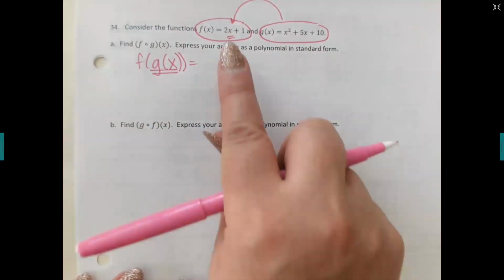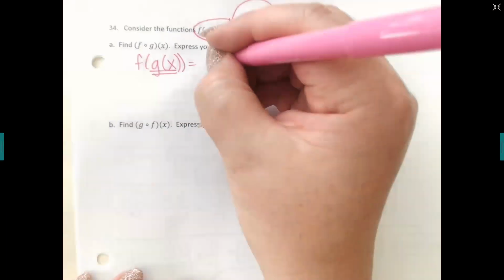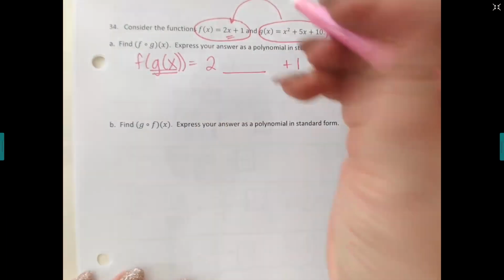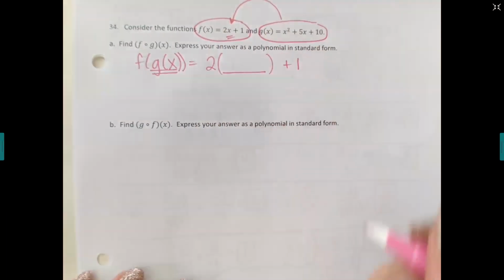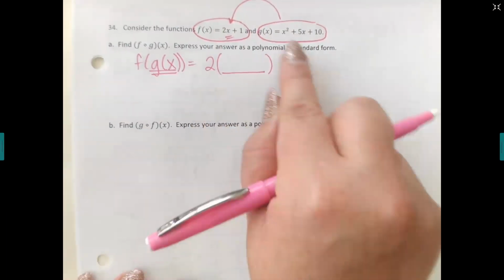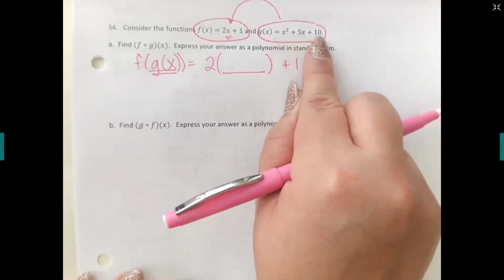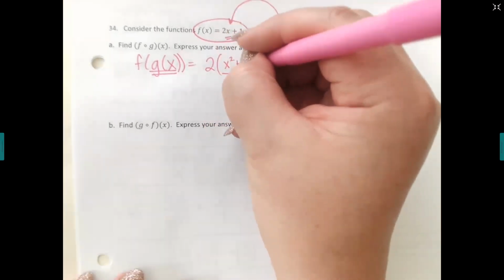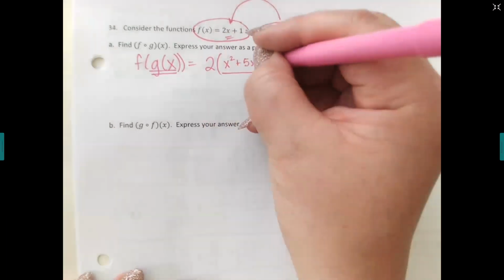So if it's a 2x plus 1, now it's a 2 something plus 1. And then in that spot, I was writing parentheses around this before. Okay, in the 2x plus 1, I'm putting this entire formula for G. So it'd be x squared plus 5x plus 10.